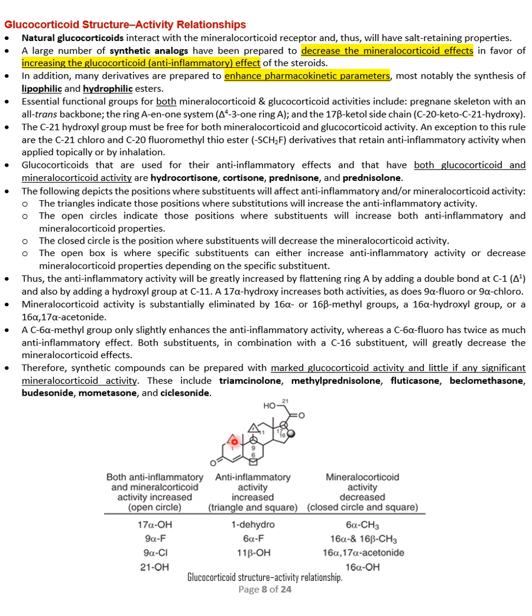This is position 1. So at position 1, if we remove the hydrogen here, it means we can add a double bond between these two atoms. So basically having another double bond here besides this one. Okay, so dihydro, double bond here, fluorine at position 6, or OH at position 11. Any of these would increase the anti-inflammatory effect.